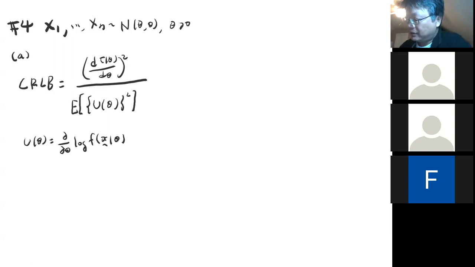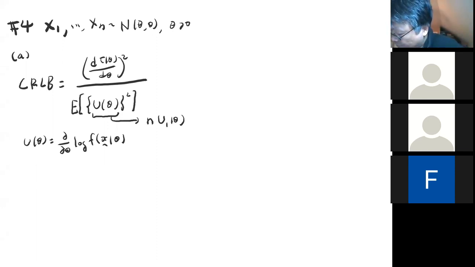Okay, and remember we talked about having different forms in the denominator. We can either say using the score function of the joint PDF, or we can write it as n times the score function of a single observation. It's not actually correct right here.